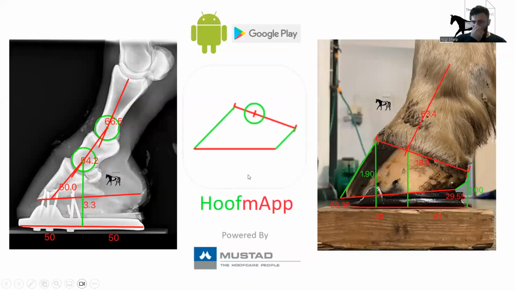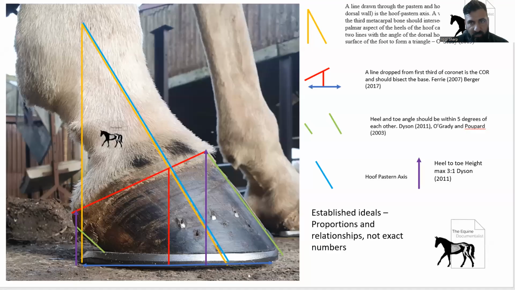So I realized the absolute necessity for everybody to be able to monitor those changes, not just the farrier, but the owner, and also, therefore, to be able to communicate between each other to make sure that we're all on the same page. So that's why I created HoofmApp. All right, so let's look at HoofmApp and what it does, how we use it, etc.